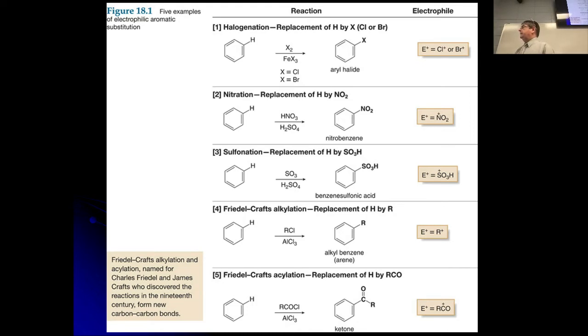Does it matter how you generate the carbocation? No. You could generate carbocations from alcohols, and they'll add to benzene. You can generate carbocations by the Friedel-Crafts alkylation, they'll add to benzene. Any carbocation will technically add to an aromatic system and do electrophilic aromatic substitution.